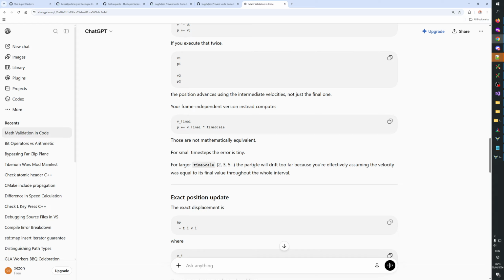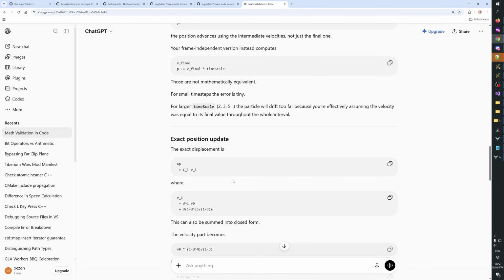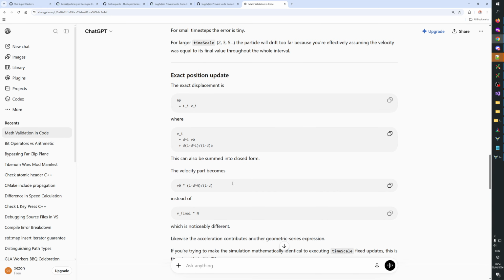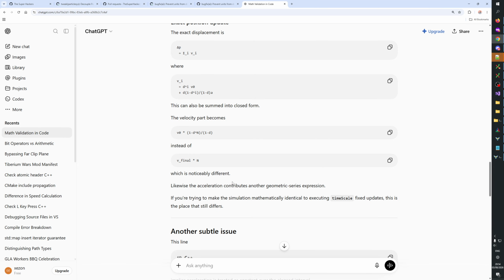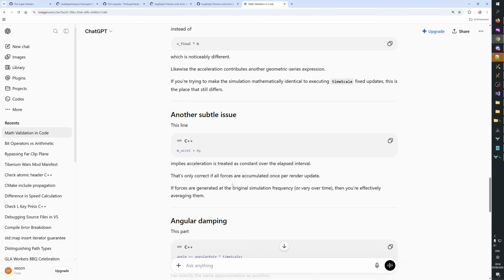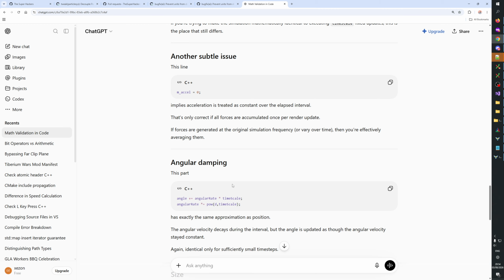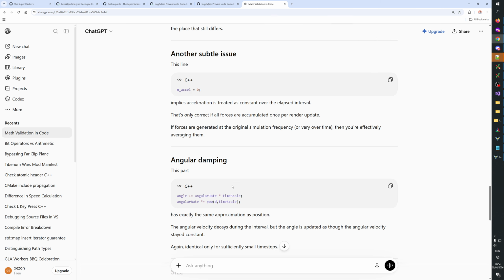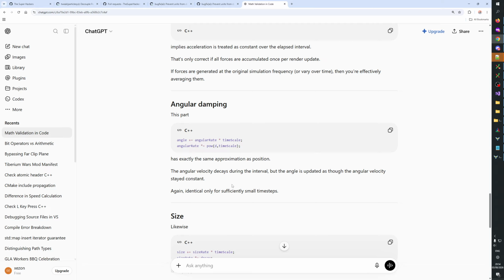We currently can't set timescale to be larger than 1, so we can't test this. Only for sufficiently small time steps.